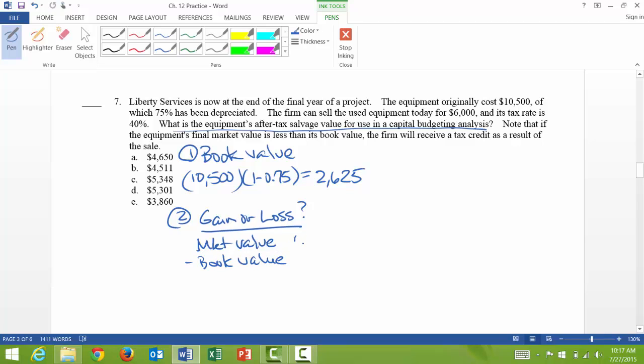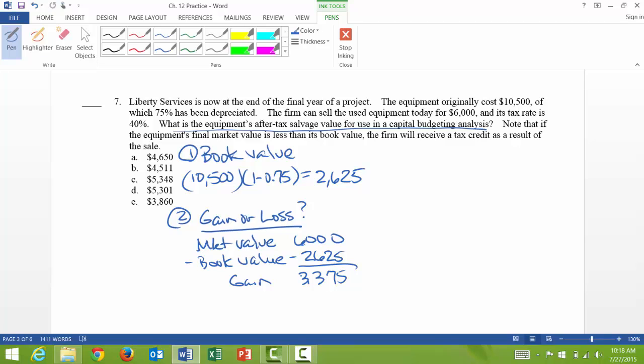The market value is 6,000 and the book value is 2,625, and so we see that will be a gain of $3,375. And so that's what the company will be taxed on, a gain on selling this equipment.